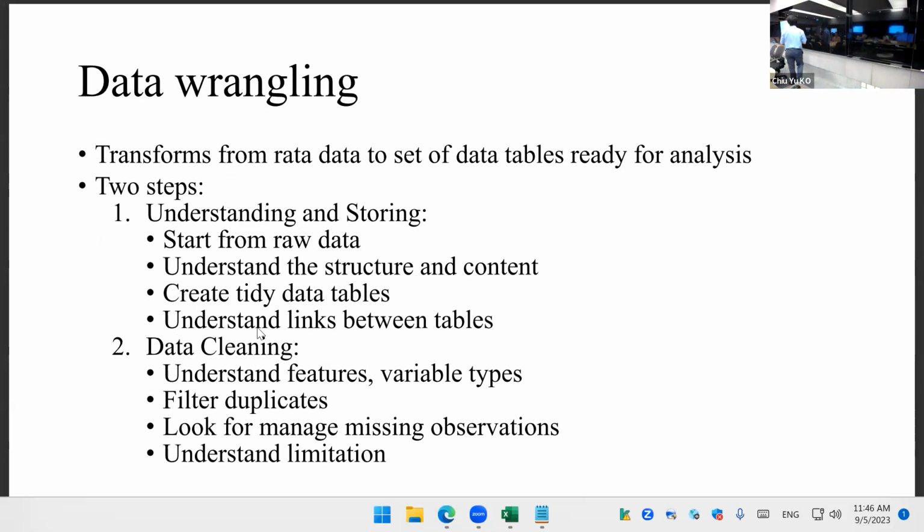In particular, we'll focus on one type of storage we call the tidy approach. Okay, and if you learn R, you notice that there's a very big set of packages called tidyverse. Okay, and they store data in a particular way, and they handle it in a particular way. So later we'll define the tidy approach.